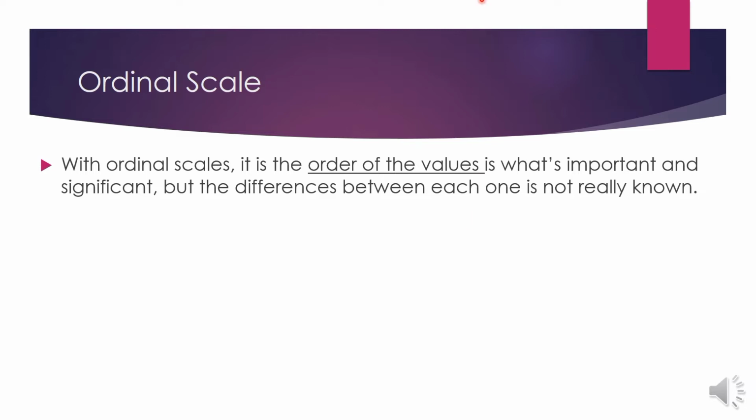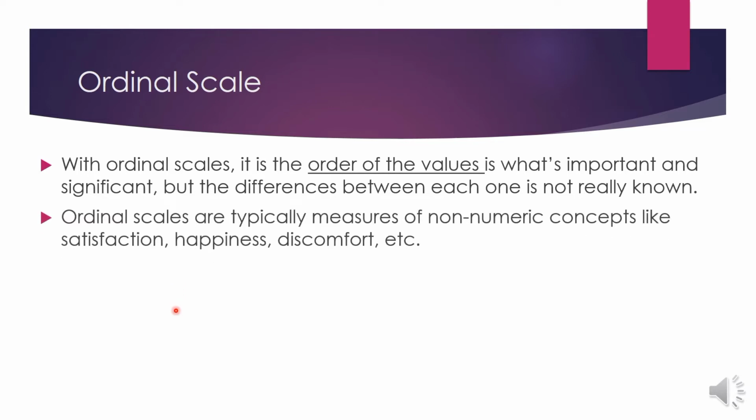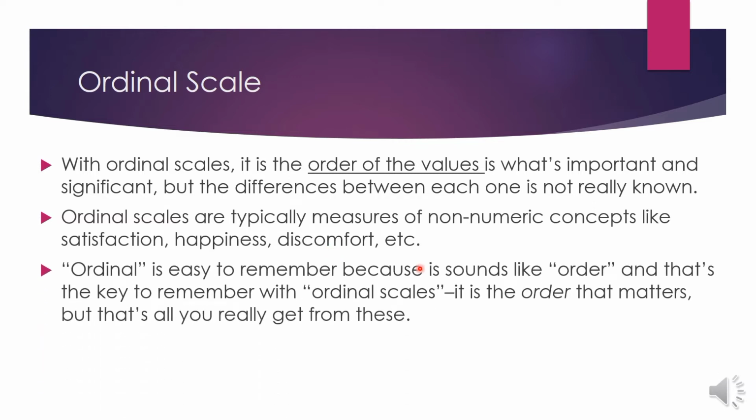Ordinal scales are typically measures of non-numeric concepts like satisfaction, happiness, discomfort, etc. Ordinal is easy to remember because it sounds like order, and that's the key to remember what the ordinal scales are. It is the order that matters, but that's all you really get from this.